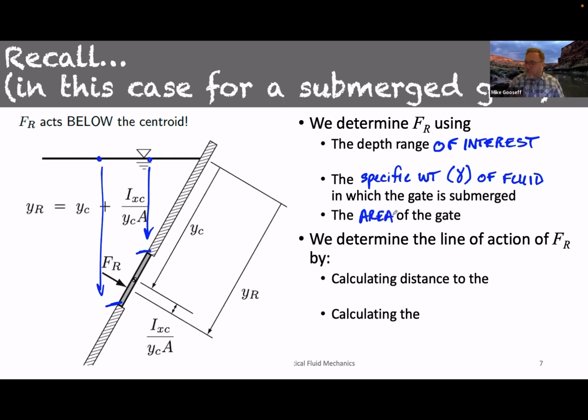And then when we want to figure out where F of R is acting, we would change this up slightly by just saying that we are going to determine the line of action from this reference location here by calculating the distance to the centroid of the pressure acting on the gate.